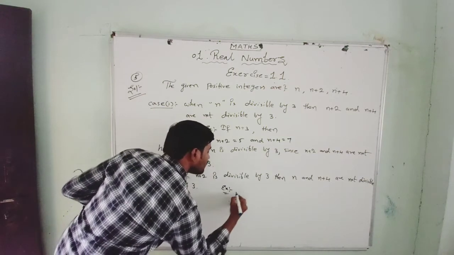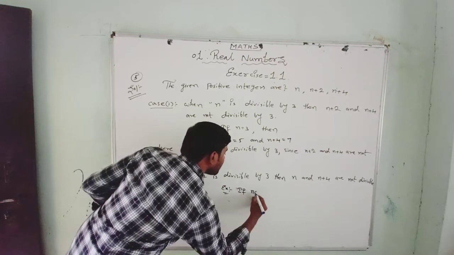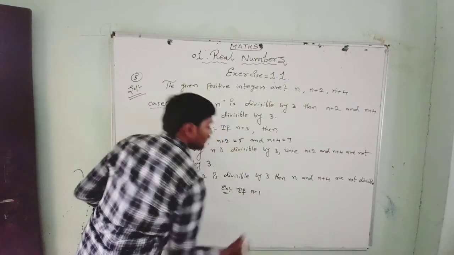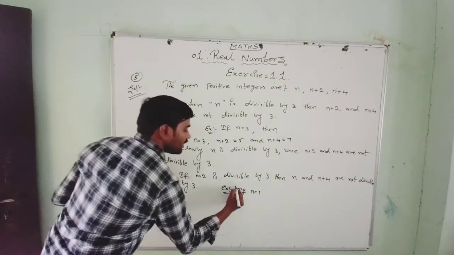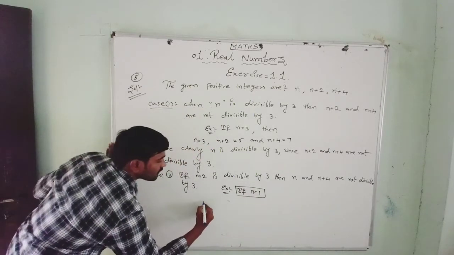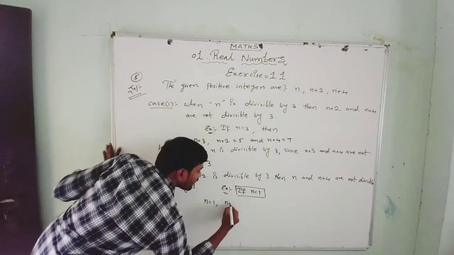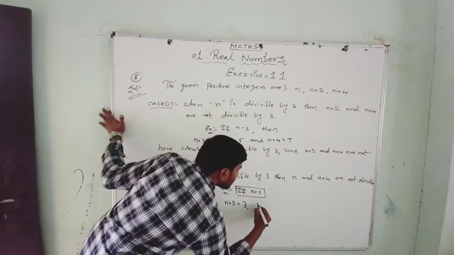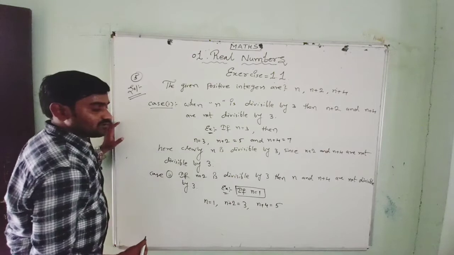For example, if n equals 1, then n plus 2 equals 3 and n plus 4 equals 5.